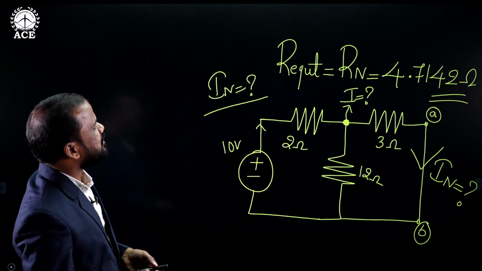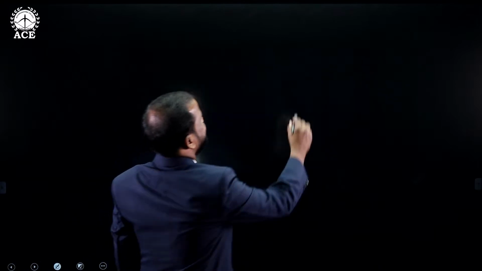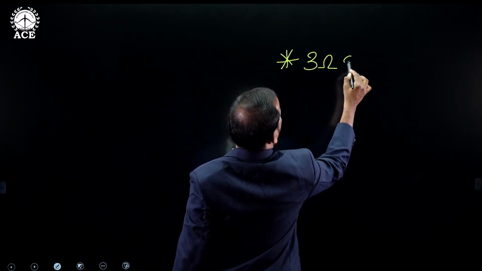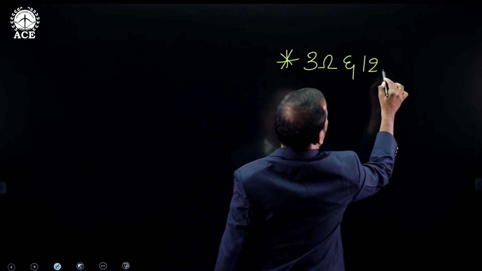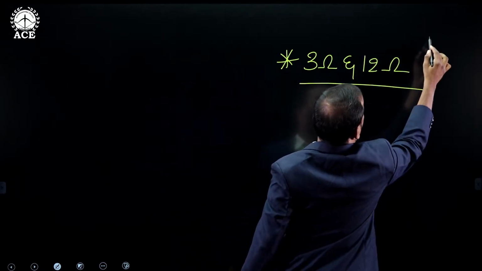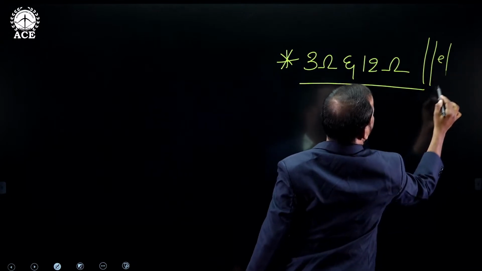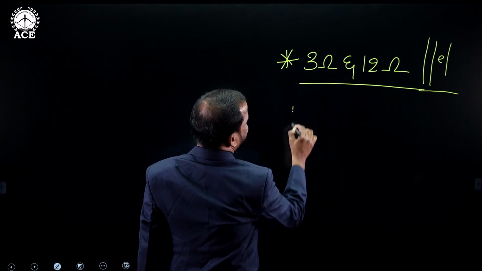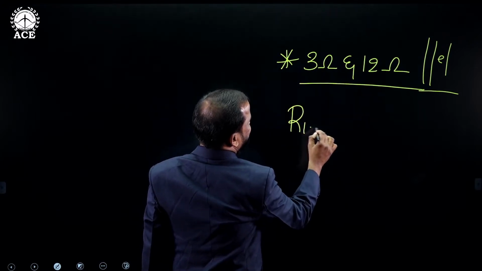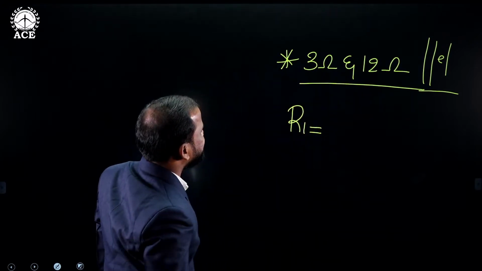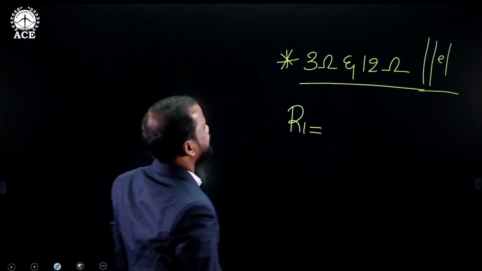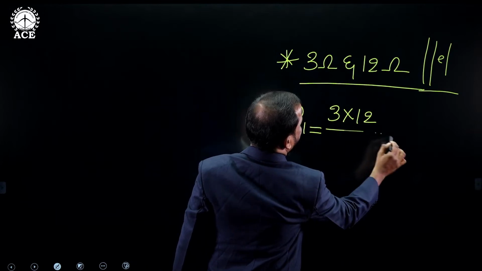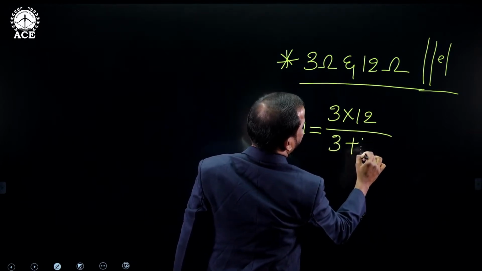Okay, now first find the value of this part. So 3 ohms and 12 ohms are both connected in parallel. I am giving the name R1 to the equivalent resistance of the parallel combination of these two, which is 3 into 12 divided by 3 plus 12.